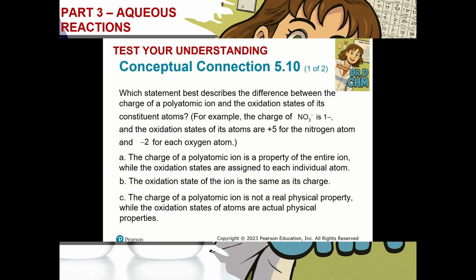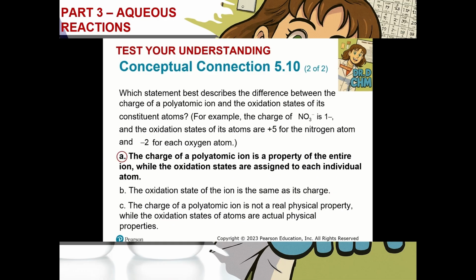The charge of a polyatomic ion is a property of the entire ion, while the oxidation states are assigned to each individual atom. Or the oxidation state of the ion is the same as its charge. That's not right, even this is showing that it's not. The charge of a polyatomic ion is not a real physical property, while the oxidation states of atoms are actual physical properties. That's false. So this is the true one.